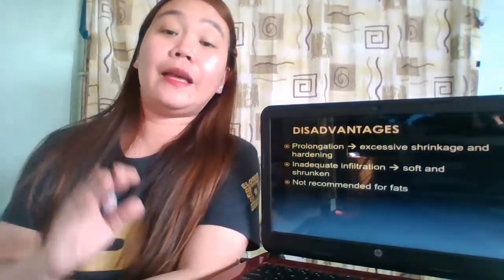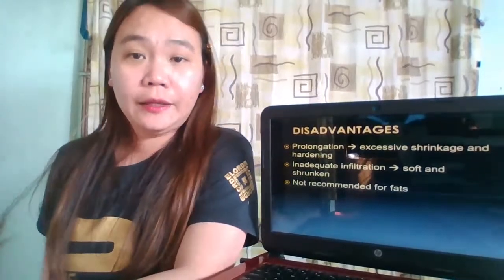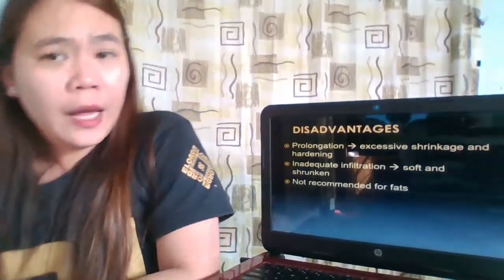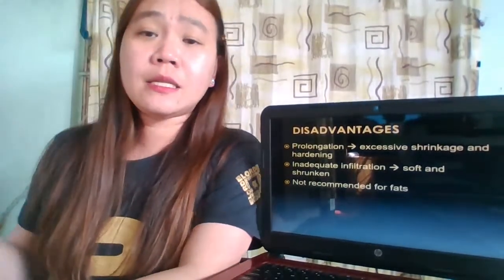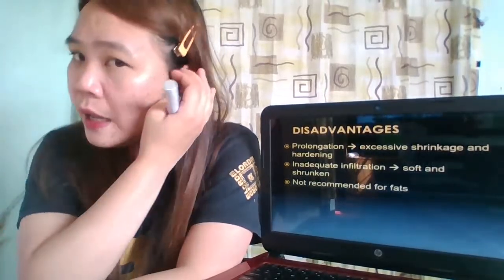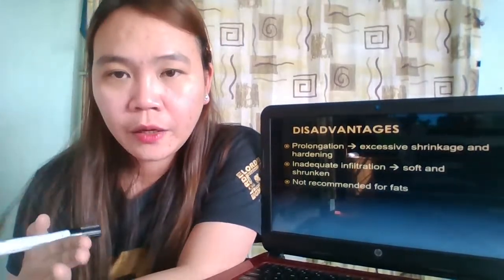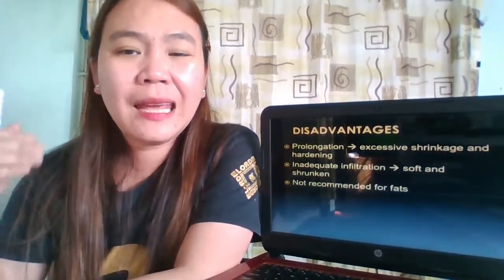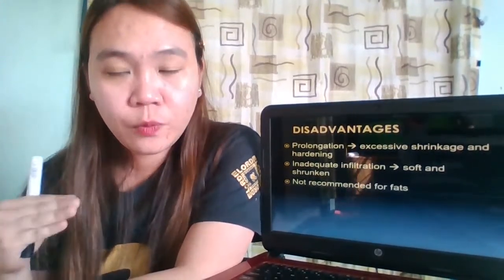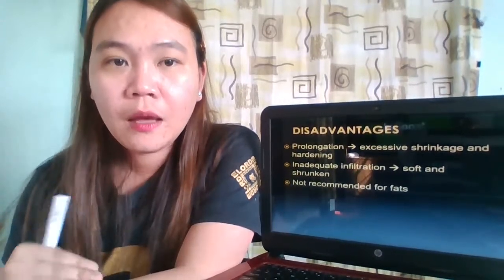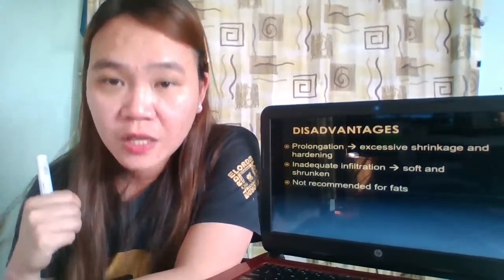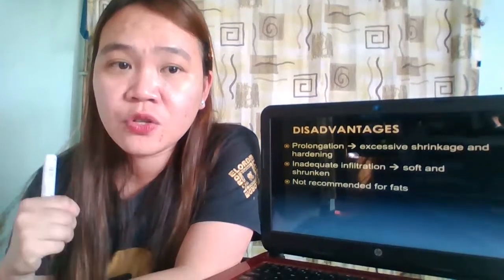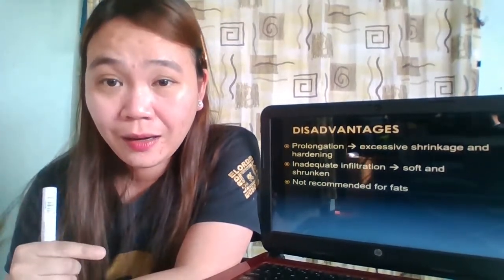Guys, take note. When your tissue sample is immersed for a prolonged period of time in any reagent that we use in histopath, it would always result to excessive shrinkage and hardening.